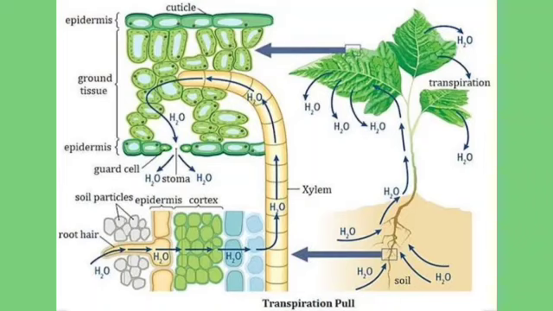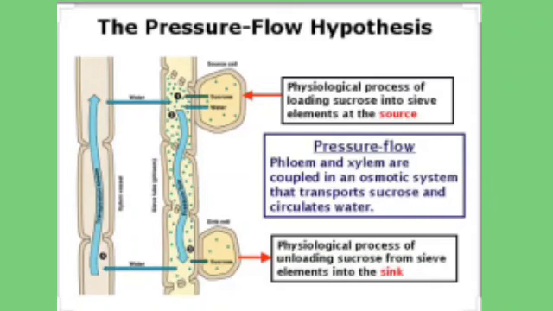Transpiration helps in absorption of water and minerals and distribution to all parts of the leaves, whereas root pressure performs the important role of pushing the water up during the night time. If you observe the diagram carefully, the arrows are shown over here and this is explaining the transpiration process in the leaf.